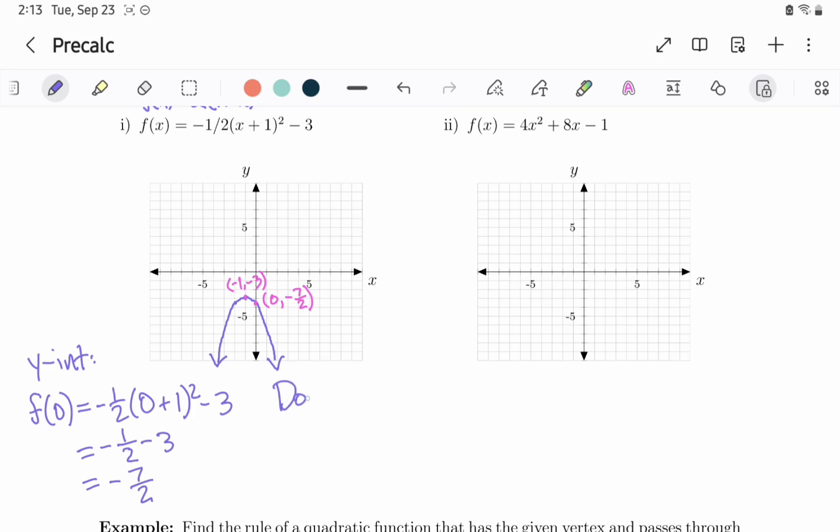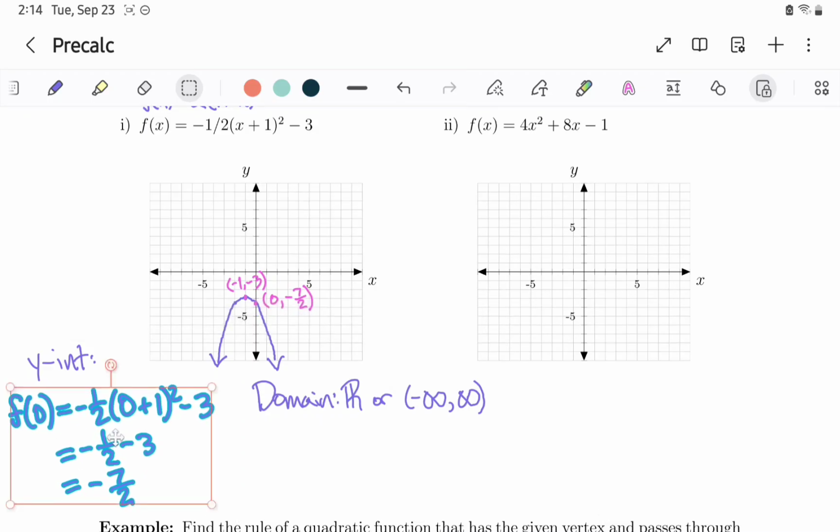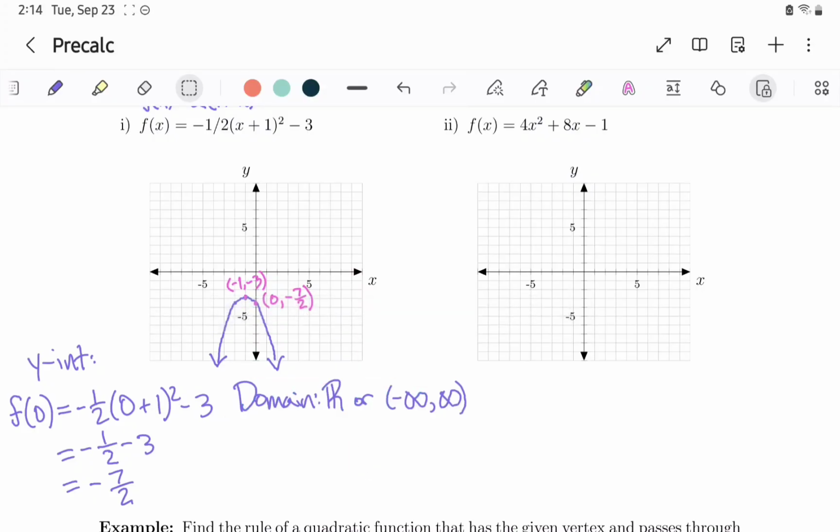And then domain, and then range. So again, since a is less than 0 here, that means that the right endpoint of our range is going to be the y-coordinate of our vertex, so -3.